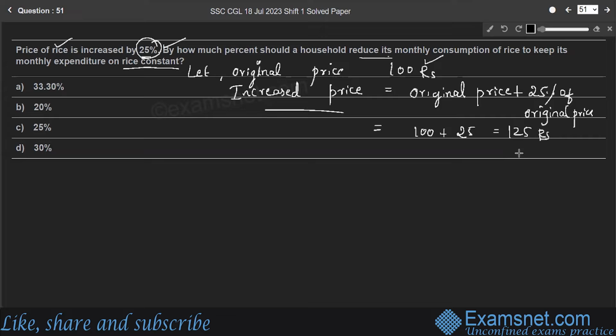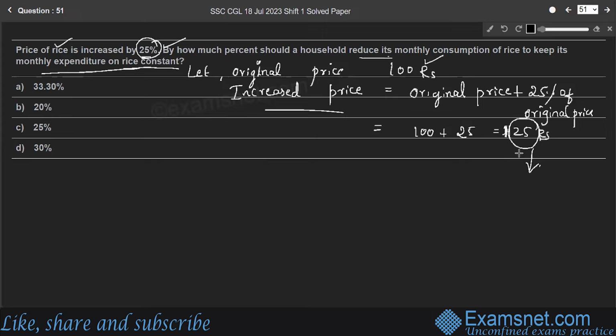Therefore, to maintain the same expenditure on rice, they have to reduce their consumption of rice by 25 rupees of rice. The reduction is by the same amount, that is 25 rupees.